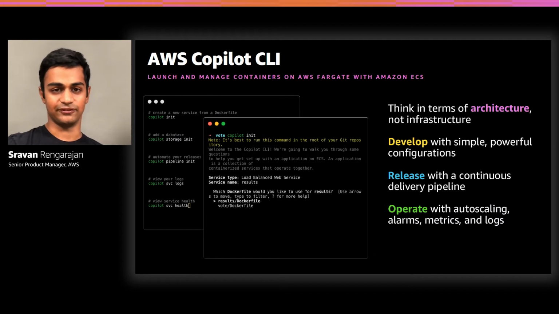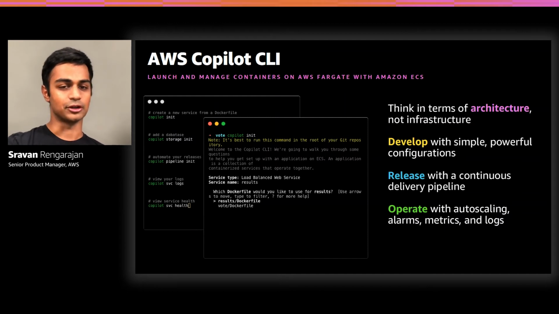And we offer types of architecture instead of just raw AWS resources or terms for you to interact with. So let's say you want to deploy a web service or web application or a backend service or a scheduled job, then those are the types of architecture that are available for you in CoPilot, and we will set up all the infrastructure necessary to get that up and running. And I'll show what that looks like in a bit.